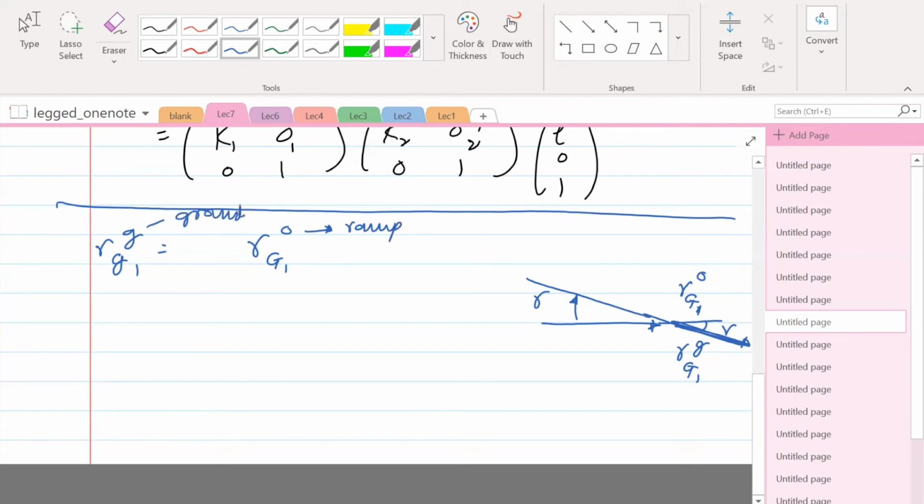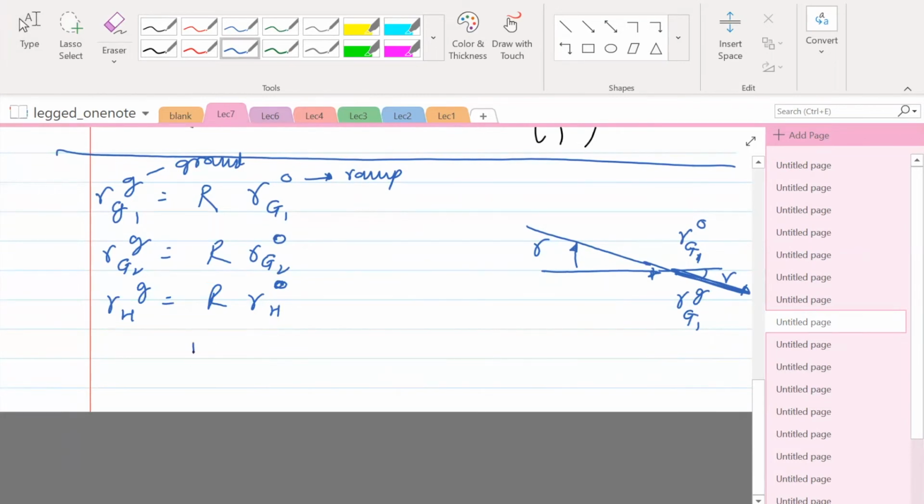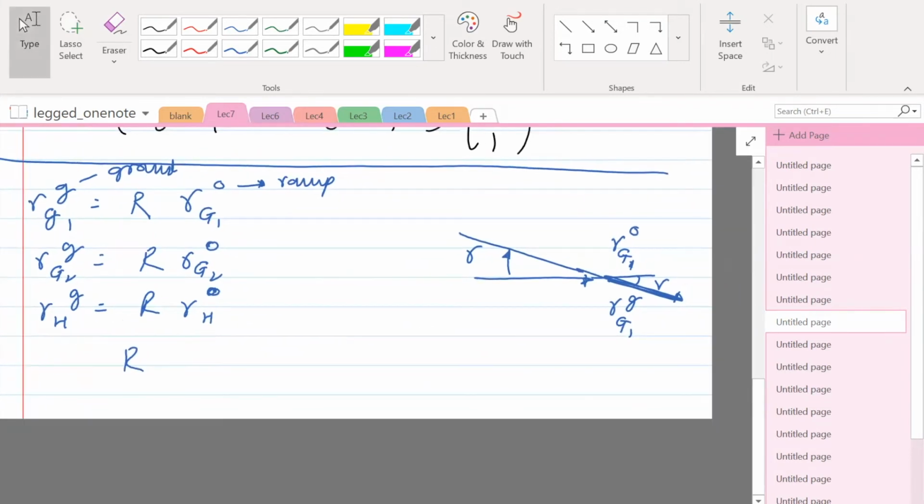So there is a transformation R which will help you do that. So I'll write that down. R_G1,G, R_G2,G in the ground frame is the same transformation times R_G2,0, R_H,G is R times R_H,0, and so on. And this R is basically given by gamma.